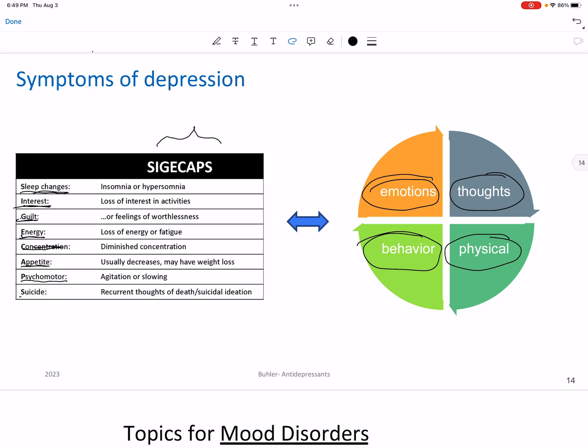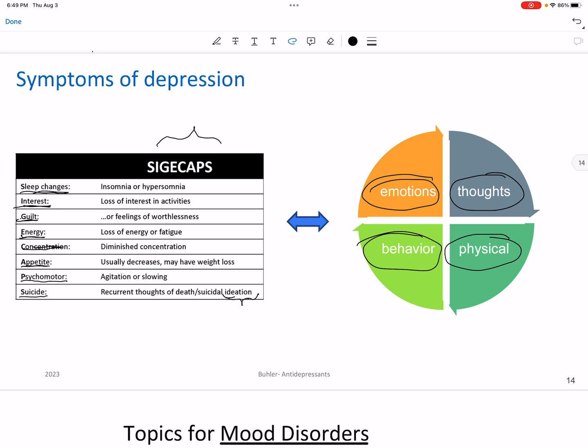And then, most severely, thoughts of suicide and thoughts of death, or suicidal ideation. Ideation is an important word to know because ideation is thoughts. So we talk about suicidal ideation if people are thinking about it, versus suicide attempts.